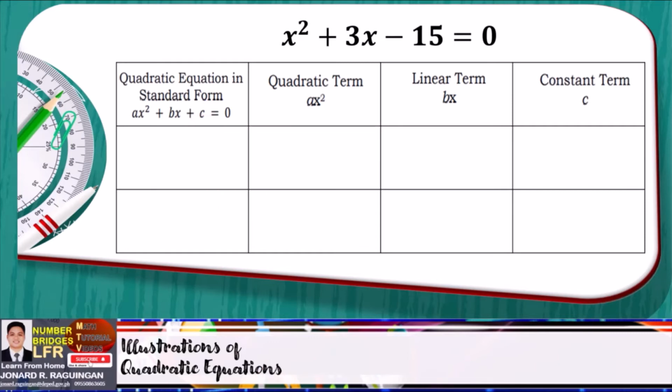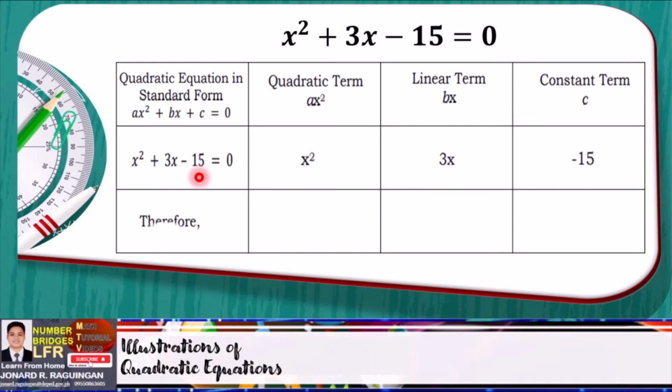Now, from the given equation, x squared plus 3x minus 15 is equal to 0, the quadratic term is x squared. The linear term is positive 3x, and the constant term is negative 15.